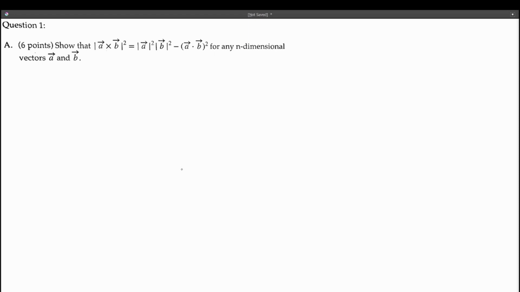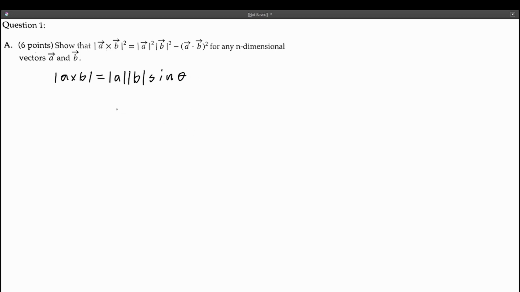So the best way to start with this one, there's two things that we need to remember. The magnitude of the cross product of a and b is equal to the magnitude of a times the magnitude of b times sine of theta.